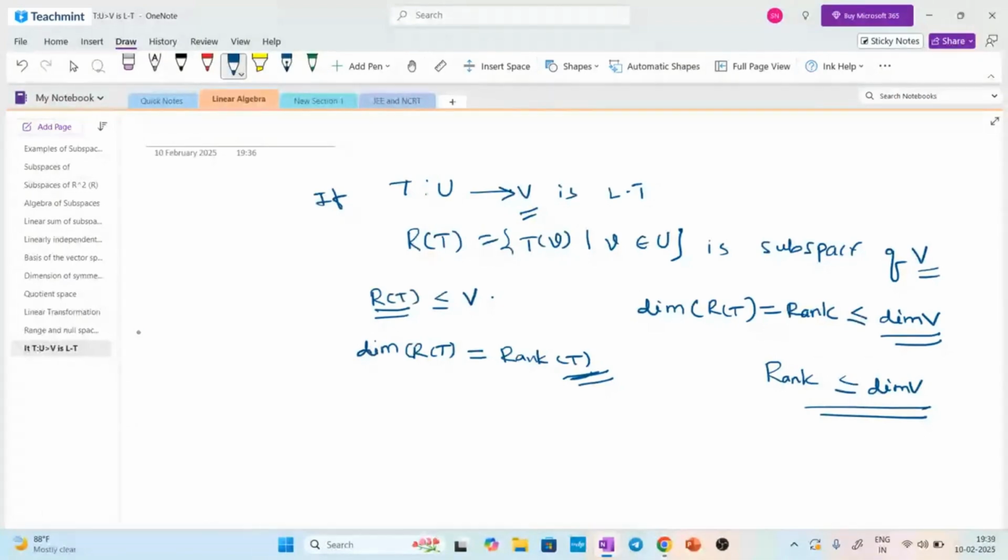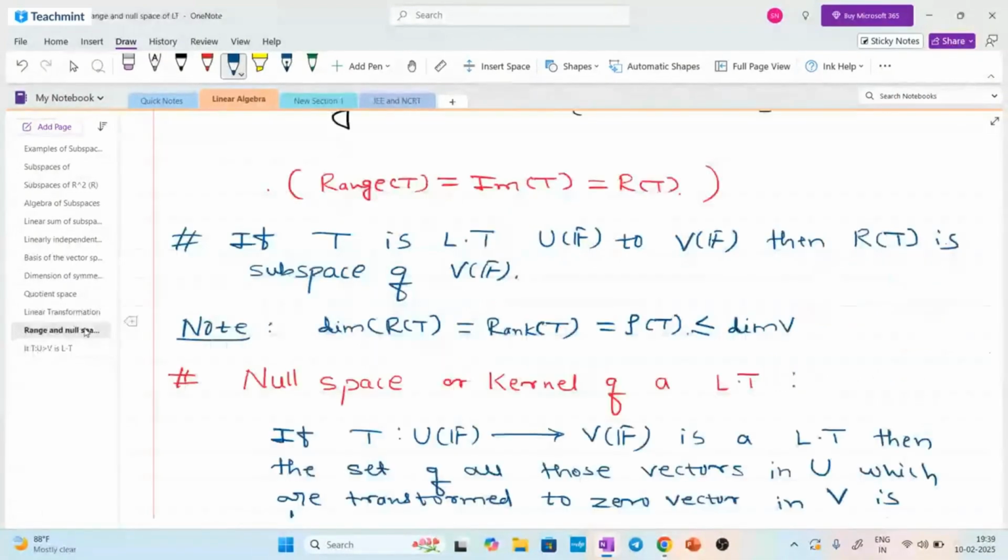Okay, I hope all of you understand these two concepts, because here we defined that if T is a linear transformation from U to V, then the range of T is a subspace of V over F. That's why the range of this linear transformation is always a subspace of the codomain vector space.